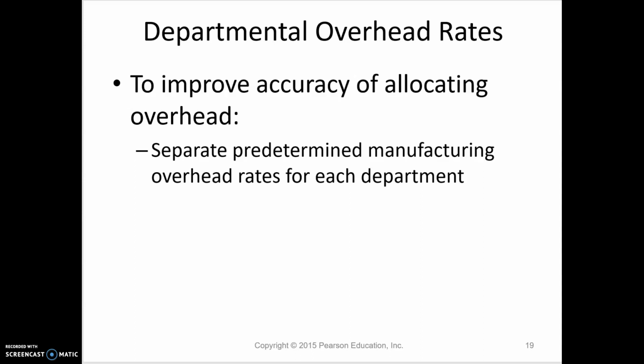Some companies decide to use departmental overhead rates. And so this is going to be a method of refining our overhead rate. This is a method of making it more accurate. So each department is going to have its own overhead rate.